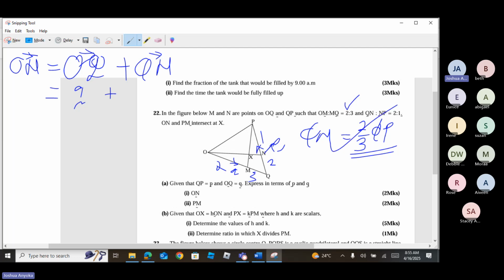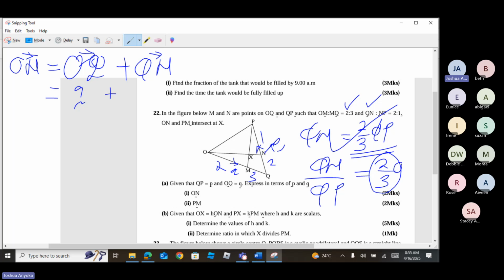We have QN over QP is equal to, from Q to N, two divisions, from the ratio. Then Q to P, 1 plus 2, which is 3.